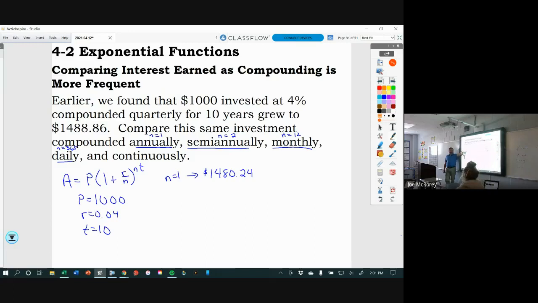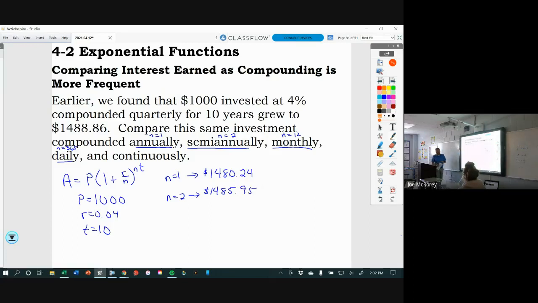When we got this amount, n was 4, quarterly, 4 quarters in a year. When n is 2, twice a year, plug all these numbers into this equation, we make 1485.95.